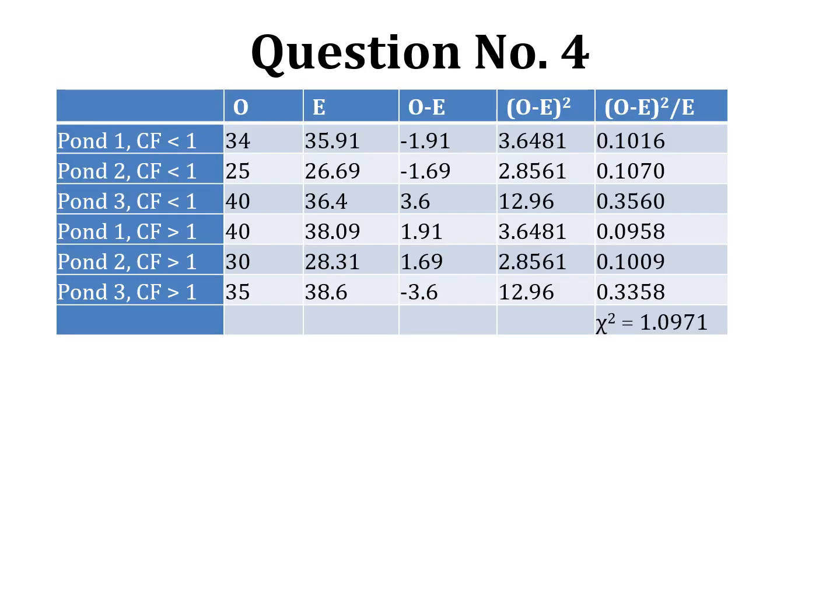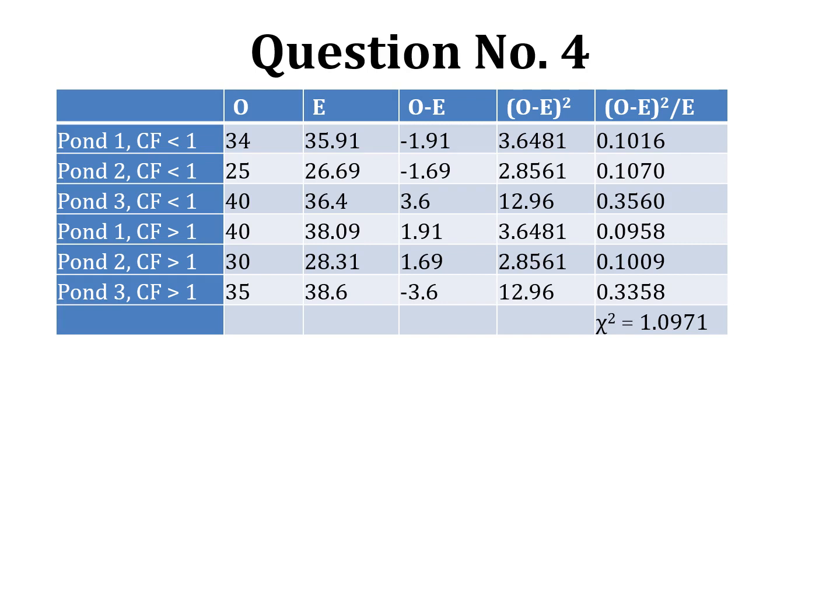Now it is time for the analysis of chi-square, for the calculation of chi-square. So again, we have different columns in this table. The first column is about the different classes, different cells, and then the second column is about the observed frequencies, and then the third column is about the expected frequencies that we calculated in the previous table, and then the next column is about the difference between observed and expected frequencies, which is 34 minus 35.91, and the answer is minus 1.91.